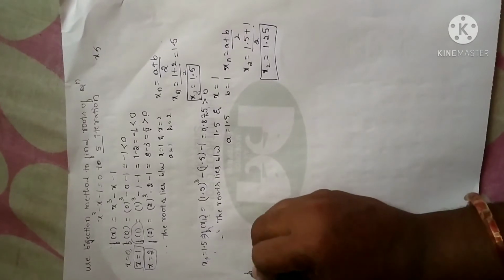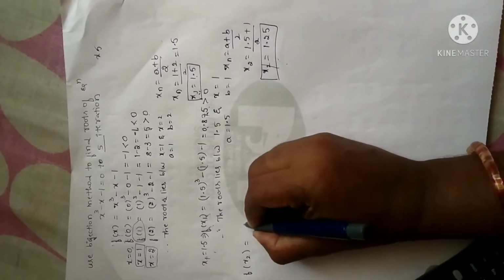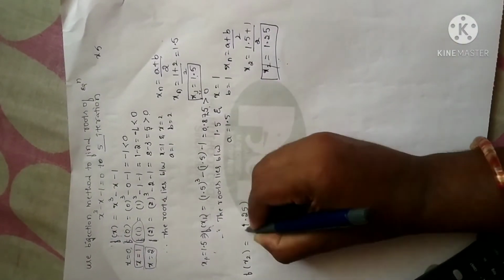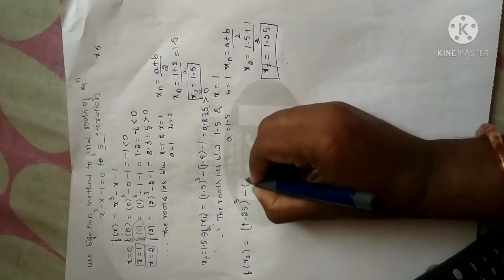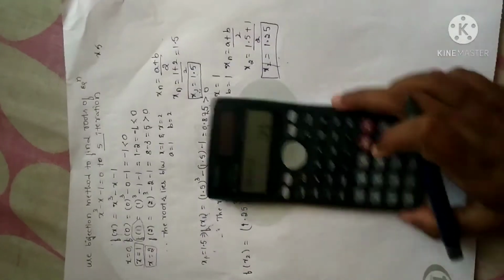But we have to find the value of f of x2. Let me find f of x2. Wherever x is there, replace it with the x2 value. So it is 1.25 whole cube minus 1.25 minus 1. So I'll use the calculator.